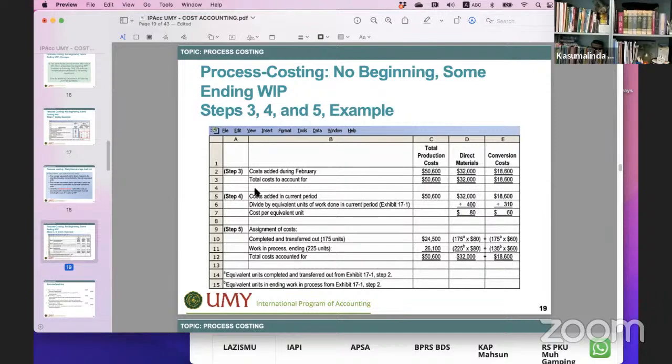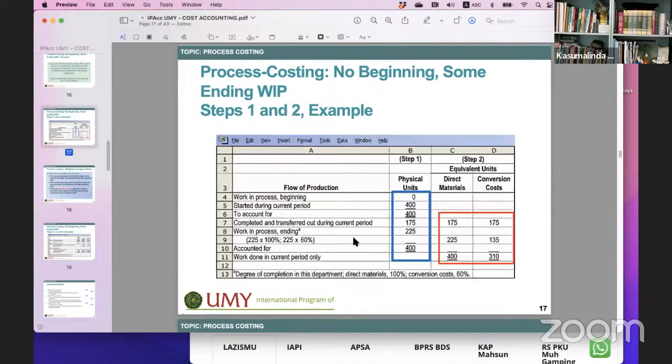Okay, I want to show you the relation between the previous table and this table. In this table, you know that this is the cost, and the previous table here is units. They are actually related. The relation is between to account for and accounted for.